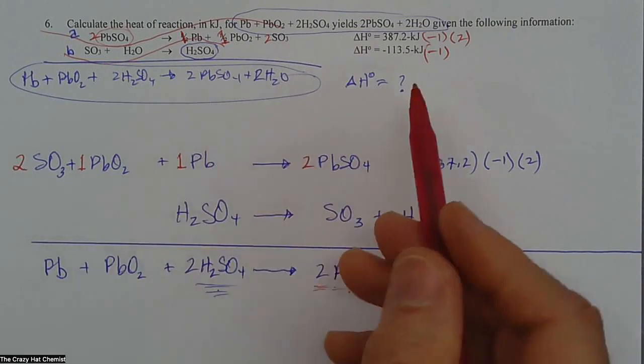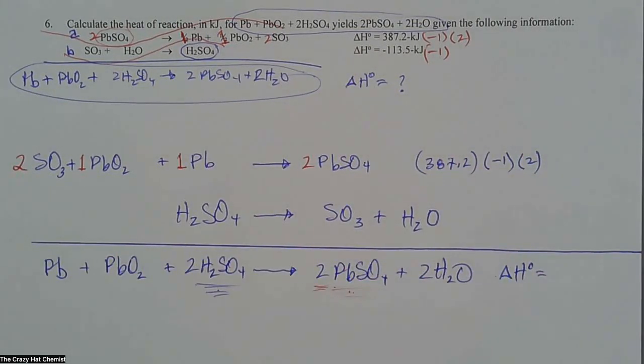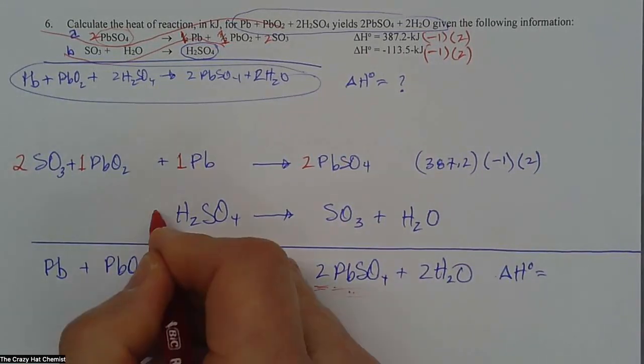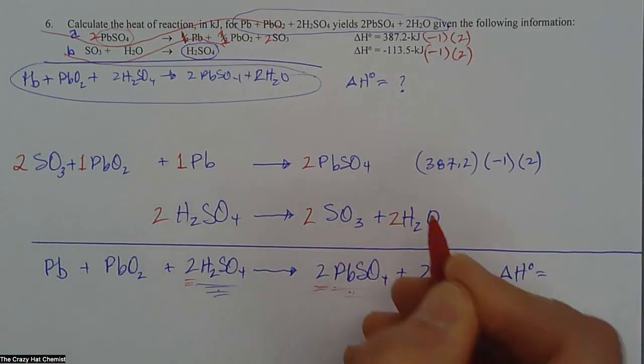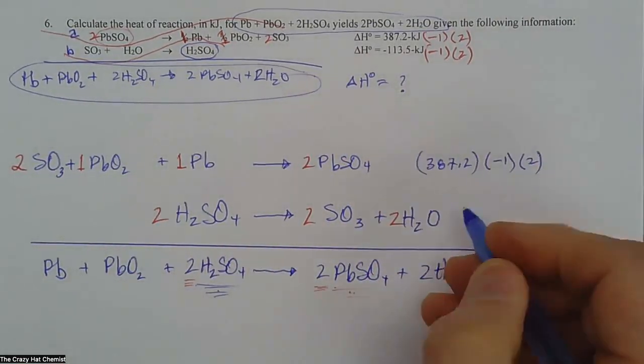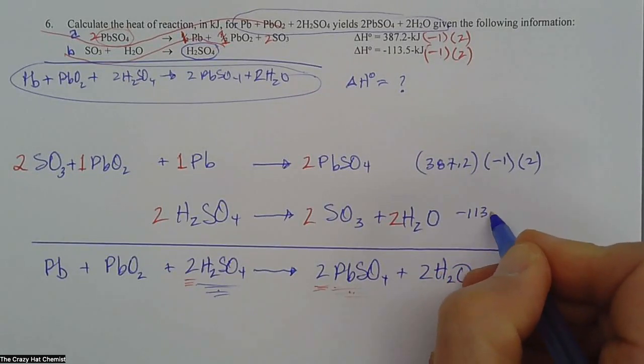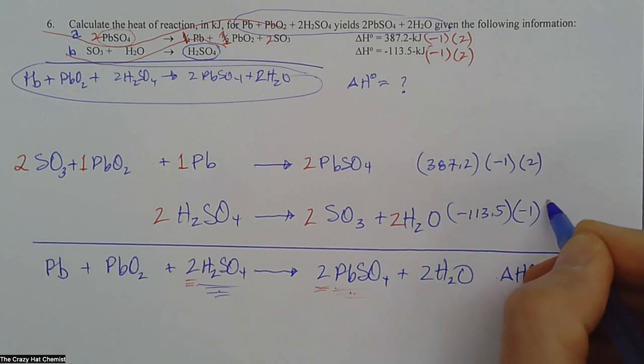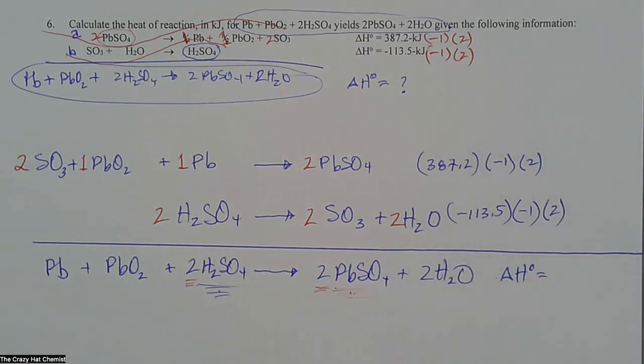I've flipped the equation, so that's effectively multiplying by -1. I also need this coefficient of 2, so I'm going to multiply the equation by 2, and I'm going to multiply that number by 2. So 2, 2, and 2. What that gives me is -113.5. I've flipped the equation, that's times -1. I've multiplied the equation by 2, and that's that 2.